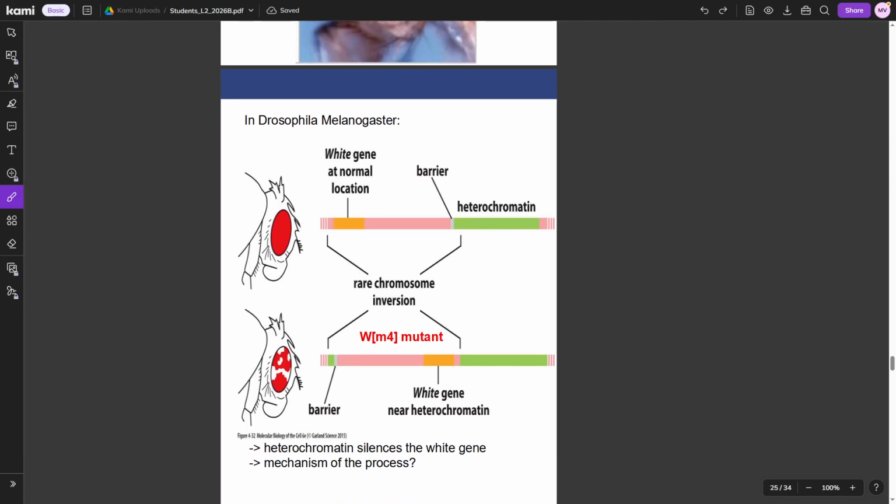So normally in a Drosophila, gosh, so many names that I keep messing up in this class. Anyways, normally in a fly, you have a white gene in this position, and you have a section of heterochromatin over here.